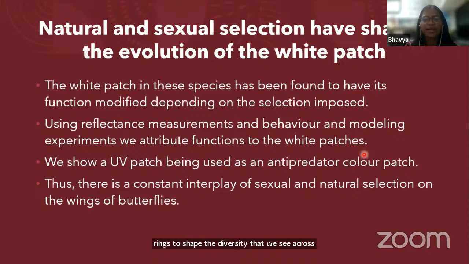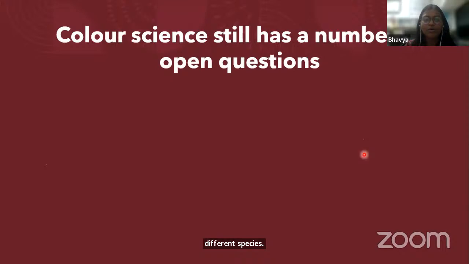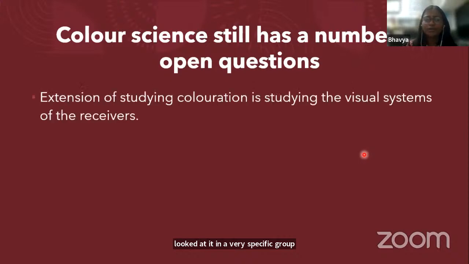And so with that, I'm coming to the end of my talk. And I want to end with motivating this idea that color science still has a number of open questions. We have studied it in butterflies, and I have looked at it in a very specific subset of butterflies, which are the Papilio swallowtails. But there are so many more open questions, because an extension of studying coloration is that you also have to study the receiver, right?